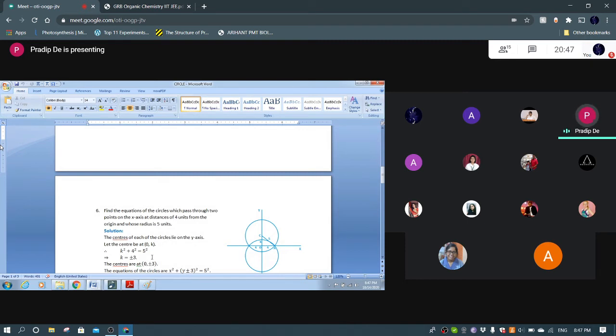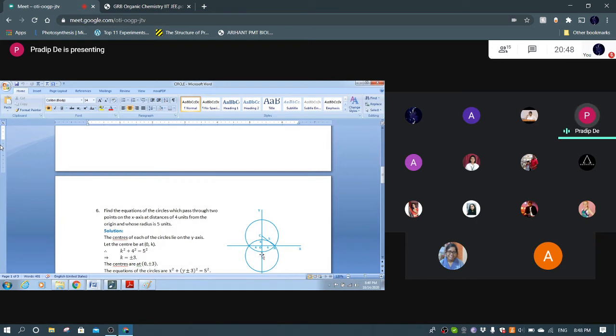When k is equal to plus 3, you get the center at 0, 3. When k is equal to minus 3, you get the center at 0, minus 3. I didn't mark that point, but there are two centers. The equation of the circle having center at 0, plus 3 will be x minus 0 whole square plus y minus 3 whole square is equal to 5 square.